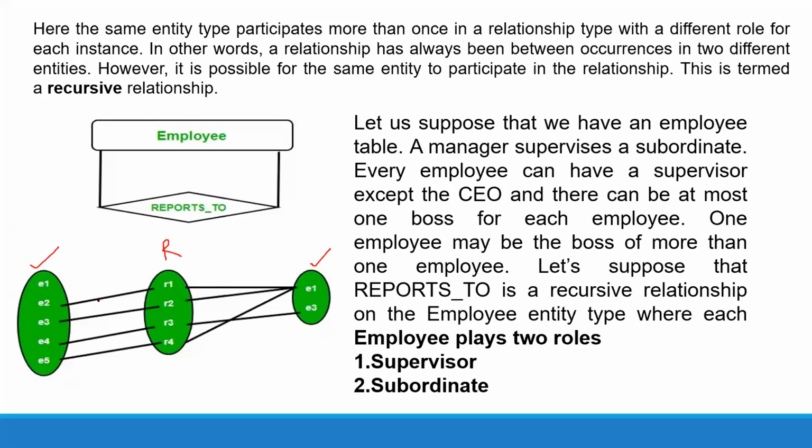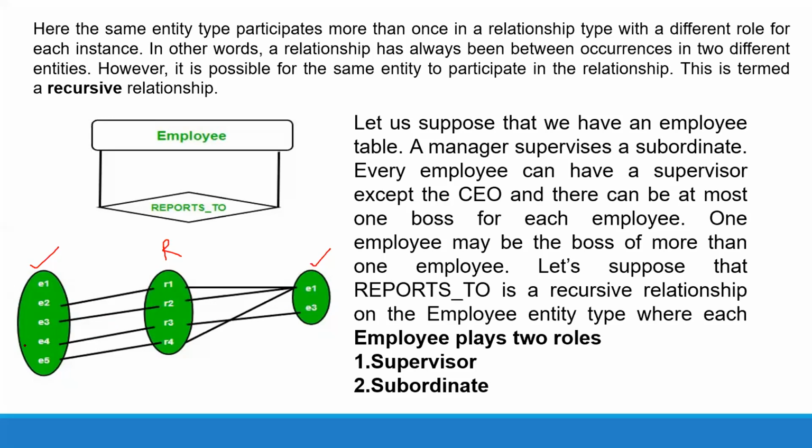Suppose, for example, you can see here employee 1 is supervising employee 2, employee 3 and employee 5. So employee 1 is a supervisor, and employee 3 is supervising employee 4.